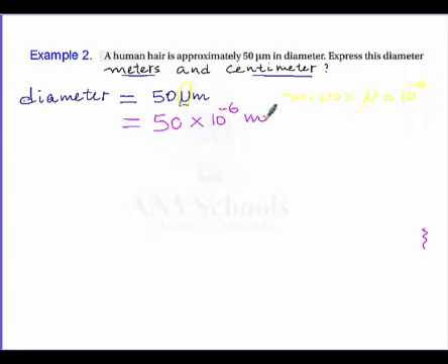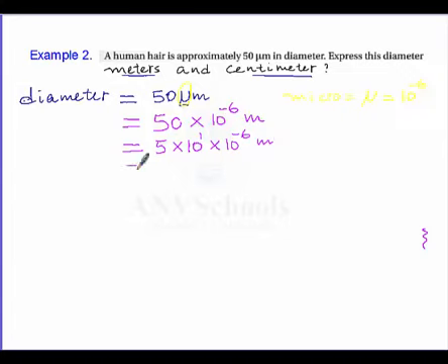You can write it this way, and this is one possible answer, but most of the time we have to avoid this 0. I can write 50 as 5 multiplied by 10 to the power of 1, multiplied by 10 to the power of negative 6 meter.